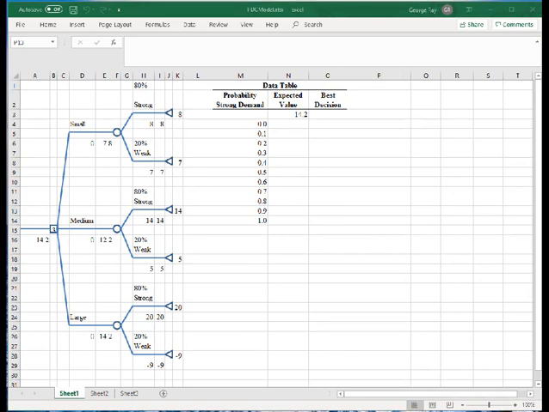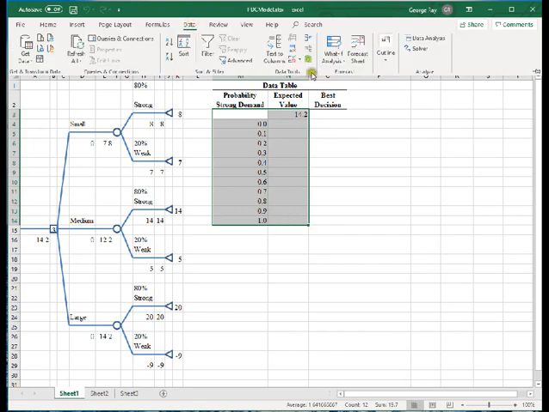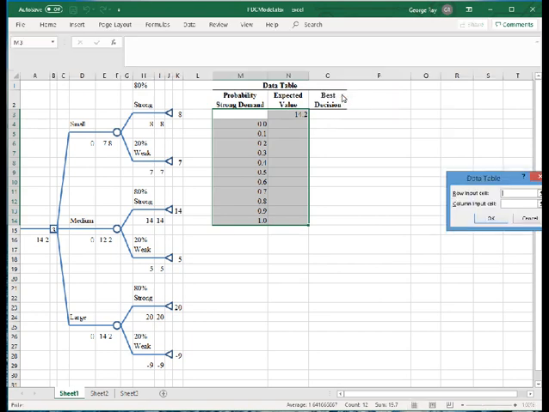Okay, so let's go ahead and create a data table for the expected outcomes for each one of our various probabilities. We'll select here, then go up to Data, What If Analysis, Data Table.